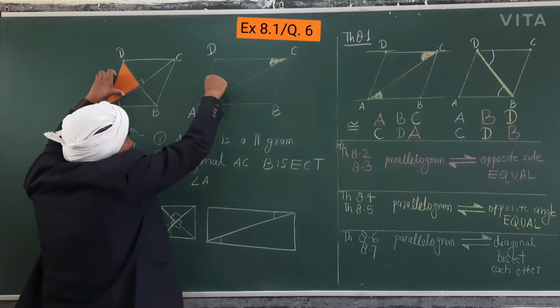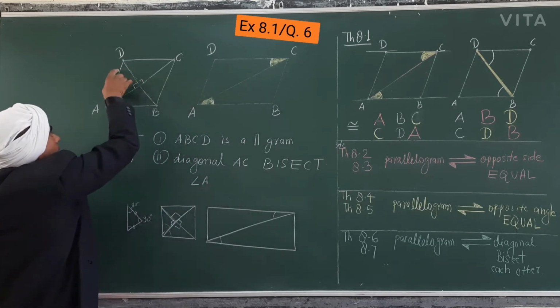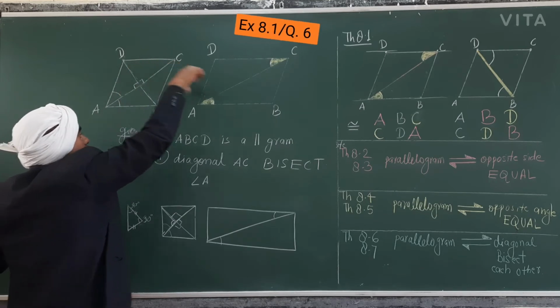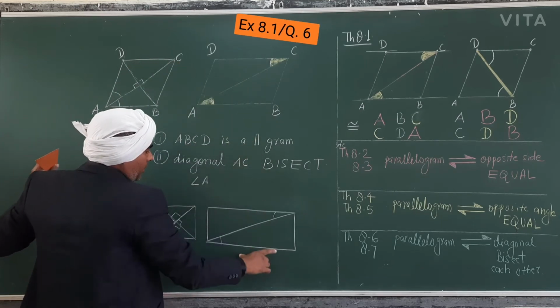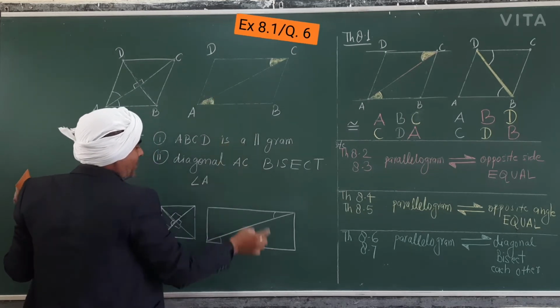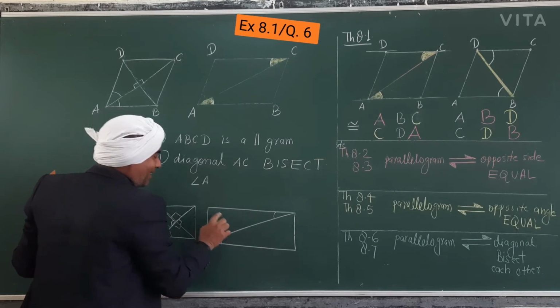So here, from a parallelogram, two things. When you go from the parallelogram to the rhombus, diagonals are not equal, but the sides are equal. From the parallelogram, you go to the rectangle. At this time sides are not equal, but diagonals are equal.